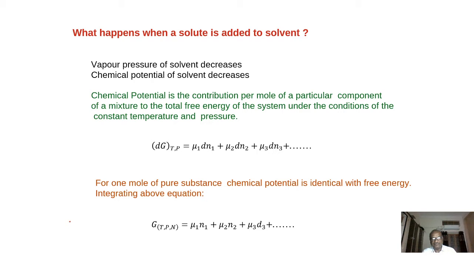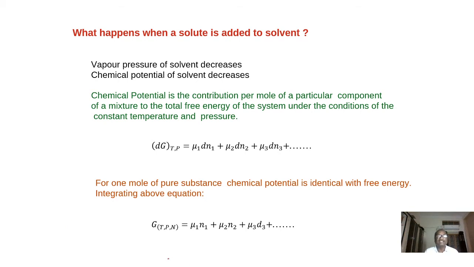So the contribution of each of the components per mole towards the total free energy of the system is called chemical potential. Every component in the system will contribute some free energy to the total system. Means the free energy of the total system is nothing but the sum of the free energies contributed by the individual components present in that system.